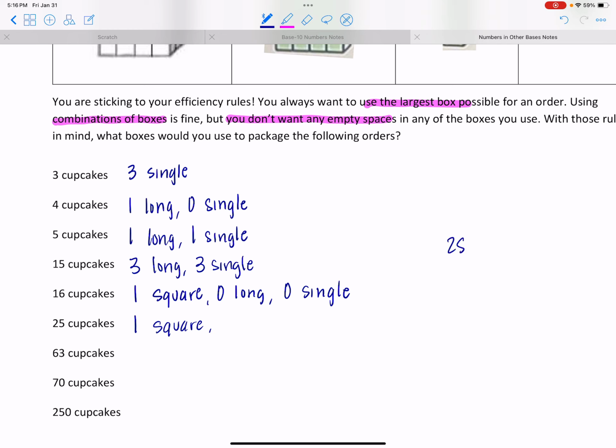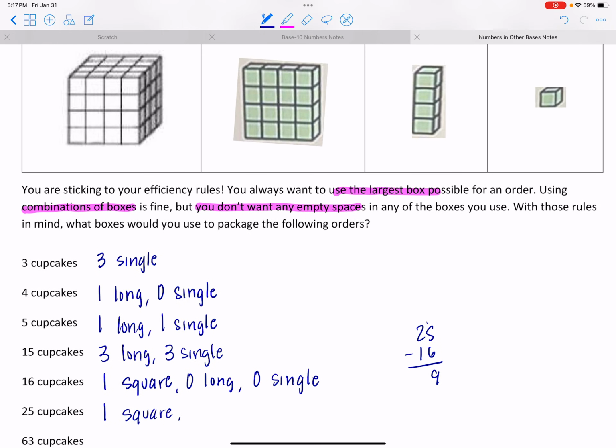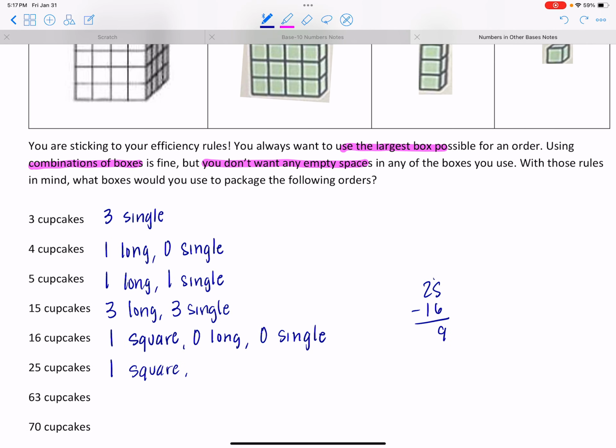So if I have 25 cupcakes, I put 16 of them into the square box. That's going to leave me 9 left over. So I can fit 8 into 2 of those long boxes. So if I put 2 long boxes in this order, then I get 8 of those. And so that leaves me 1 left over to go into a single box.